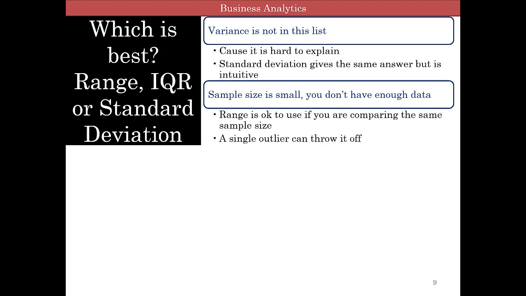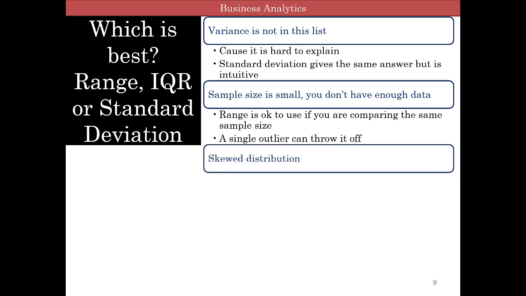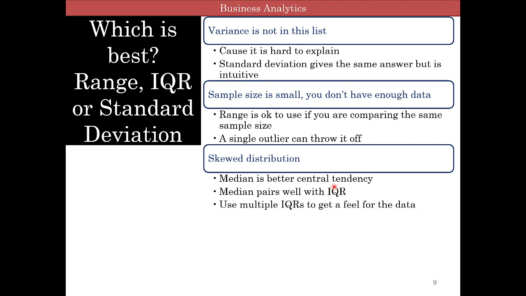Now, if sample size is very small and you don't have enough data, then range is okay to use, especially if you're comparing the same sample size. Now remember, still a single outlier can throw range off completely. If you have skewed distributions, we know from our past lecture that median is a better central tendency and median pairs well with interquartile range.